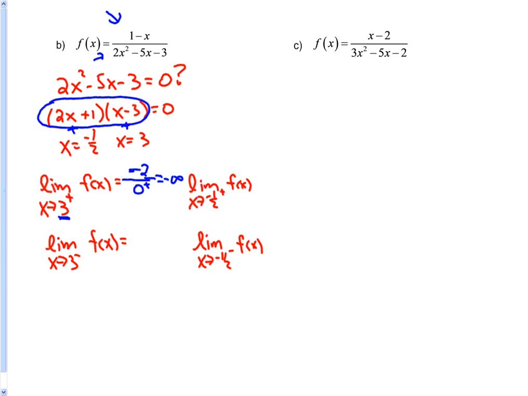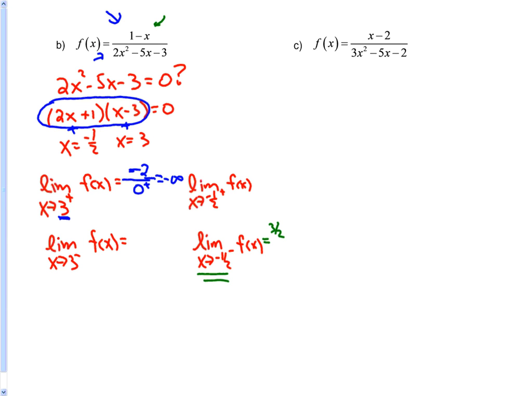Let's try looking at this again. Let's use the negative 1/2. X approaches negative 1/2 from the left. All right. In our numerator, 1 minus negative 1/2, we're going to be getting closer to positive 1 and 1/2 here, or 3 over 2.